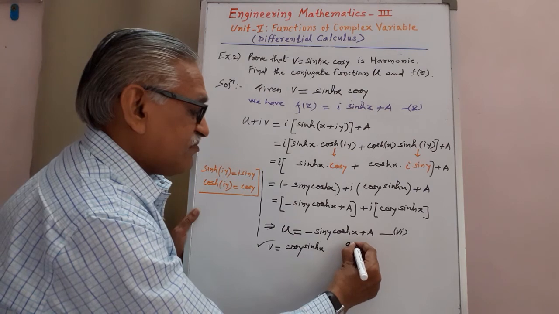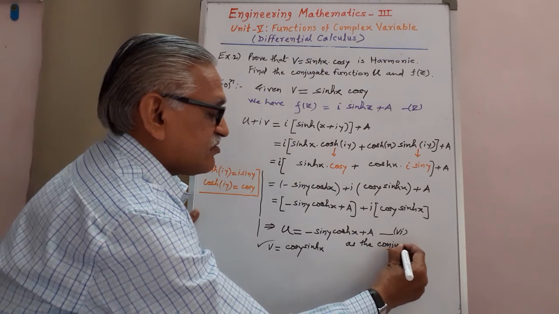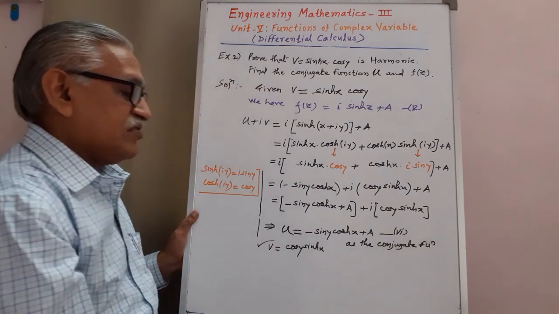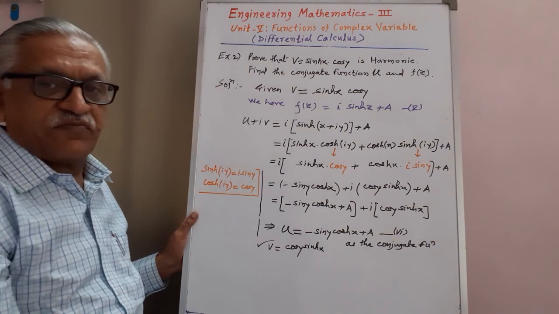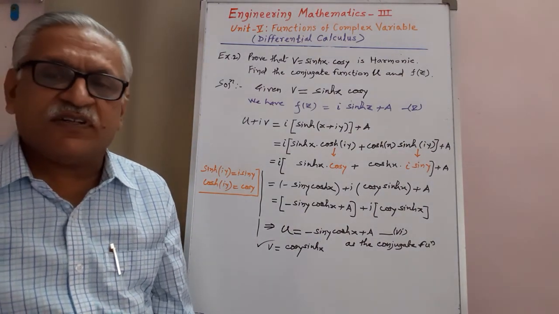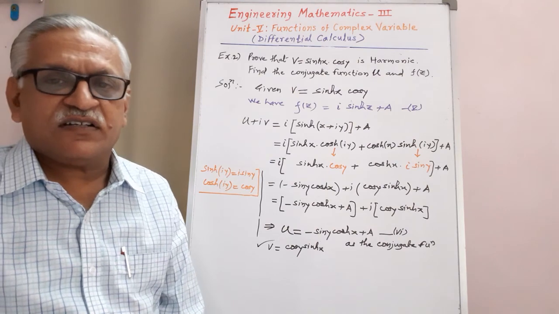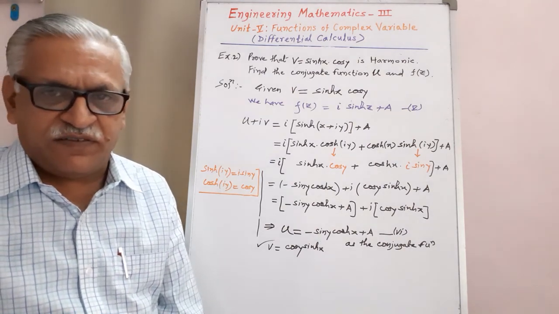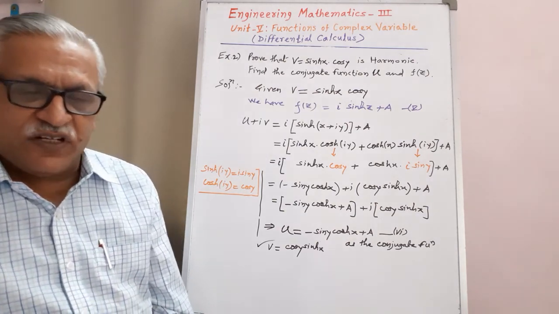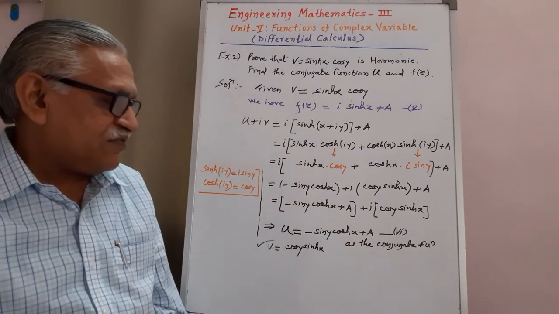As the conjugate function, or conjugate of that v. Therefore, here also I have completed that problem in 3 parts. First part, I have shown that function v is harmonic. Second part, I have obtained the value of f of z, that is the required analytic function f of z, and using that analytic function I have completed the third part.